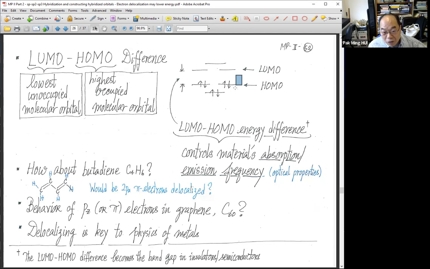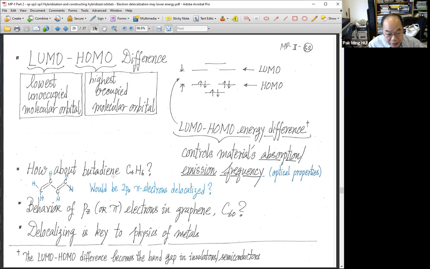If you supply that much energy, an electron could absorb it and go up to the excited state. And that will affect the optical properties, or light absorption as well as light emission property, of a material. And that is important, for example, in inventing or discovering solar energy materials. So next time when you see people throw at you some dragon LUMO-HOMO thing, you just laugh at them. It's nothing.